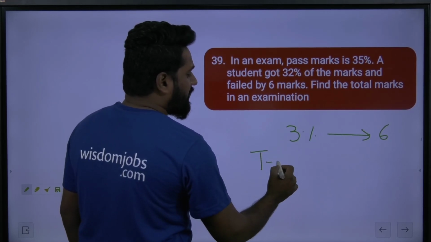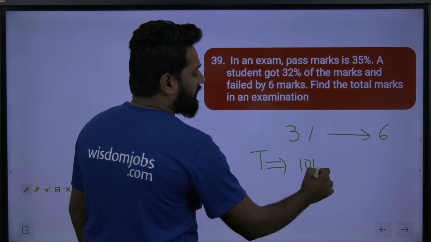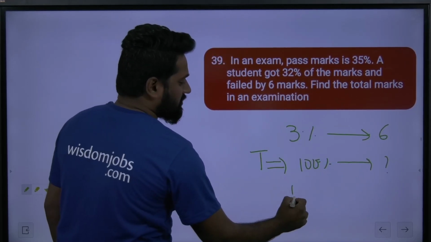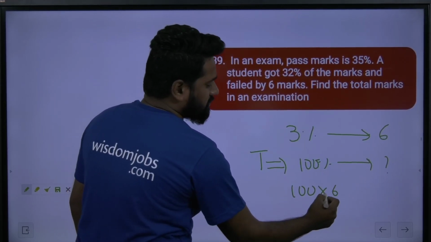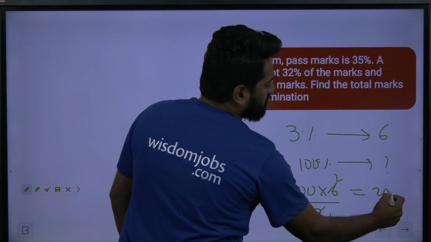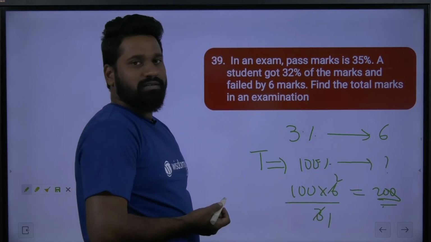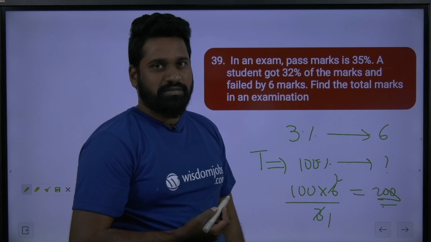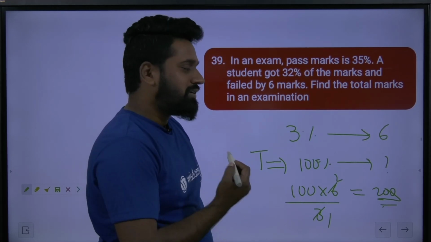He is asking to find total percent, that is 100%. Is how much? So cross multiplication. 100 into 6 by 3. 3 twos are 6. So directly you got 200 marks, which indicates the total marks of the examination. Clear now? Right.